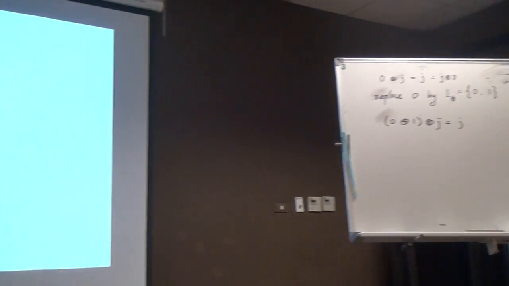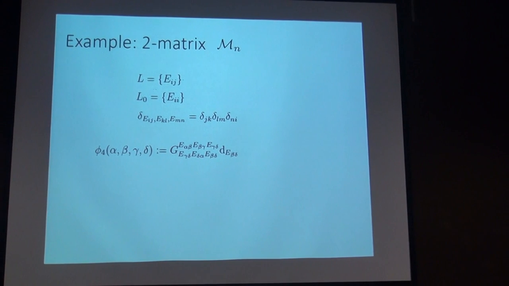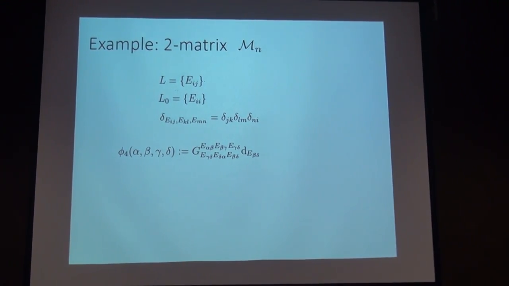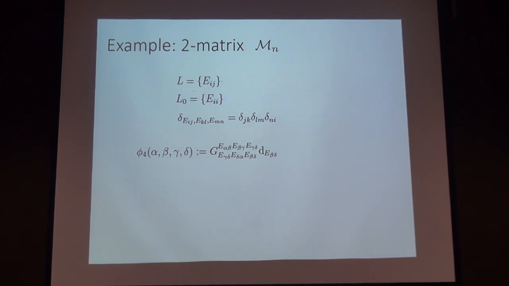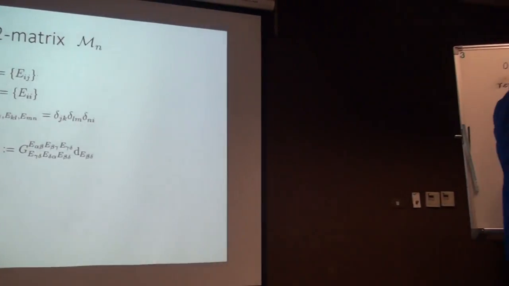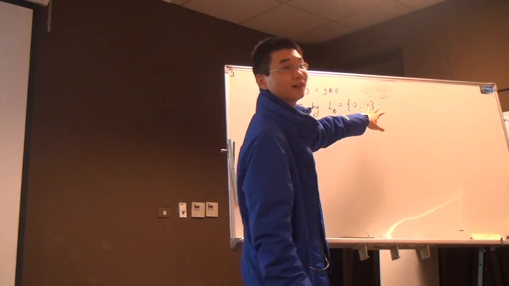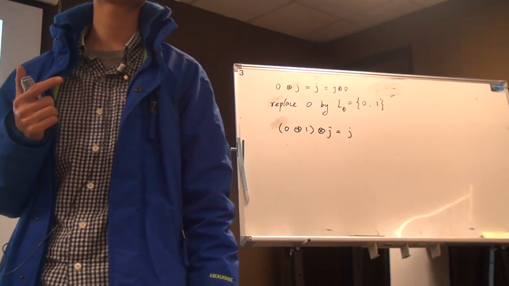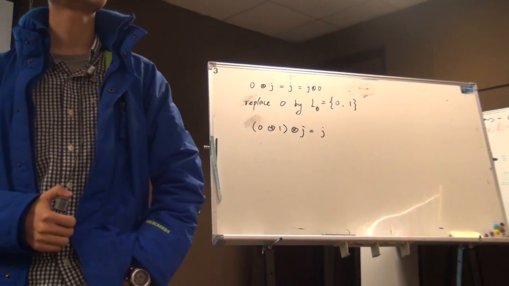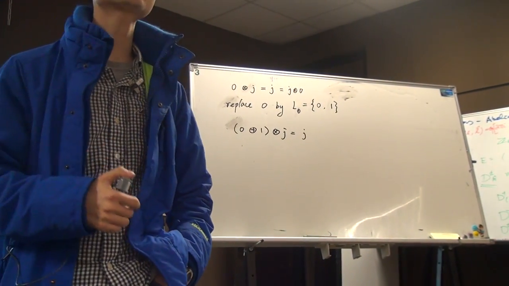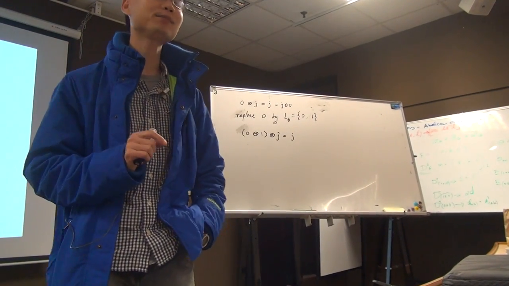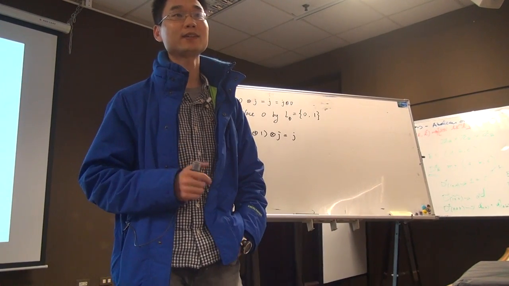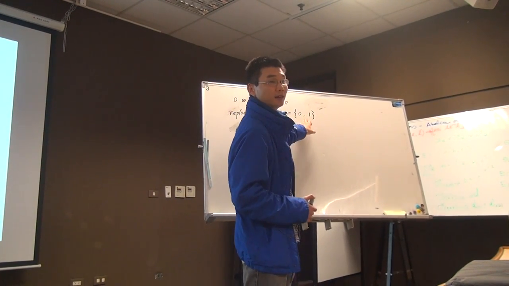Suppose you have an A A-star fusion, what do you get? You get only one object in this set. Like in this L0, which has two objects, which one you get depends on the property of A. That means A has a grading, graded by the objects in this set.